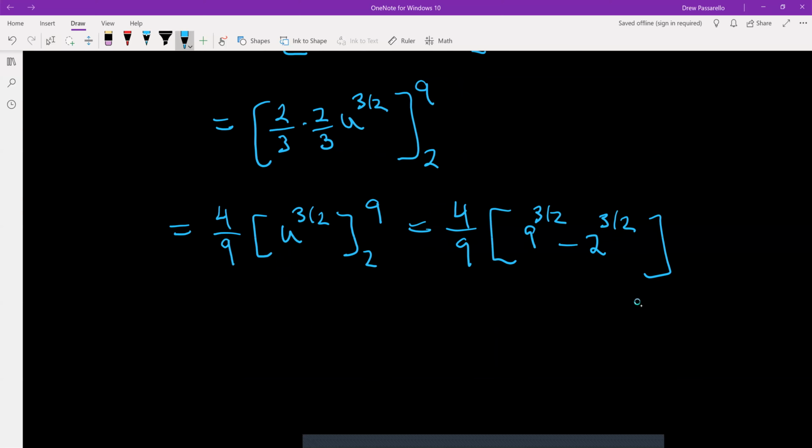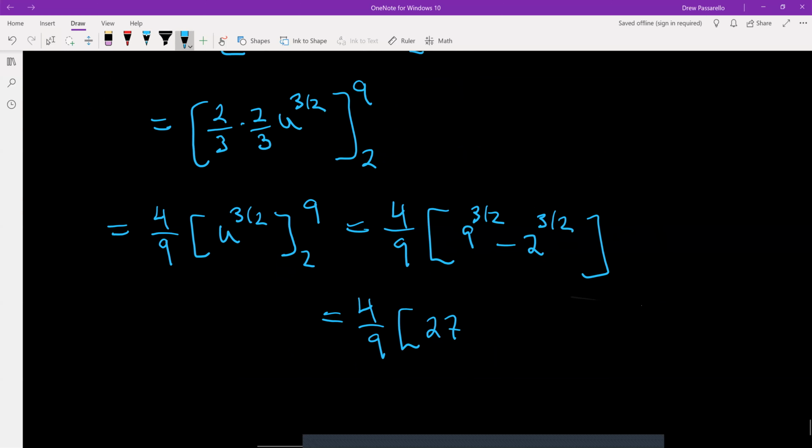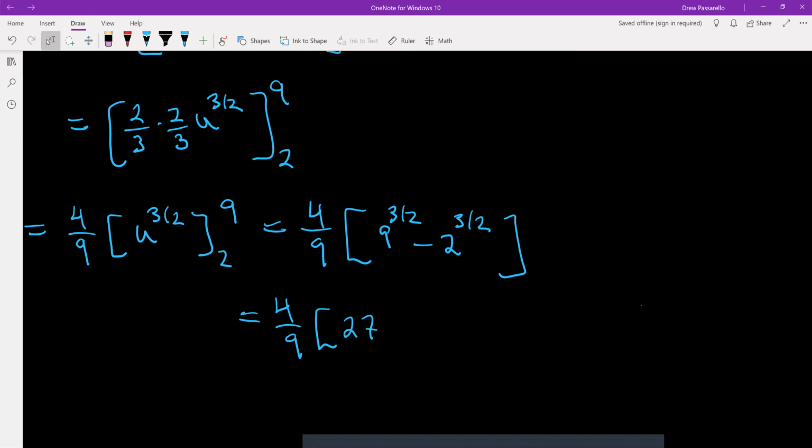Now, if you put 9 to the 3/2 in the calculator, that comes out to be 27. Putting 2 to the 3/2 in the calculator, that doesn't come out to be a nice whole number. But knowing how rational exponents work, a to the m divided by n is the same thing as the nth root of a to the m. When you're dividing by 2, that's the same thing as taking the square root.